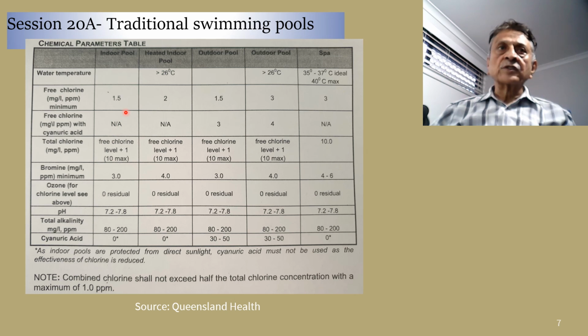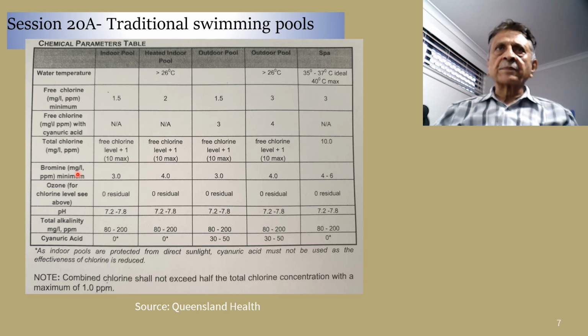If you notice, bromine sometimes can be used as a disinfectant instead of chlorine. If that's the case, you've got to have a higher amount of bromine, 3 ppm for indoor pool, 4 ppm for heated pool, and high temperature heated pool, outdoor pools also 4 ppm, and spa between 4 and 6. Bromine is an expensive halogen.